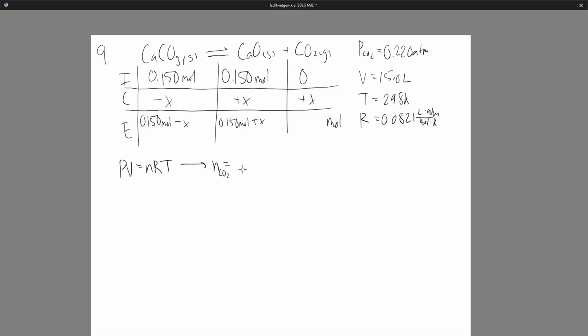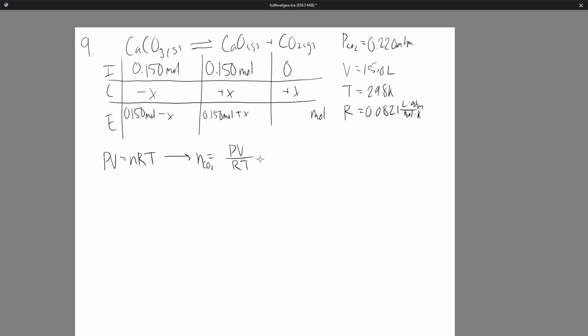It's n of CO2, let's just define it as that. So n of CO2 equals PV divided by RT. Let's solve for that then.